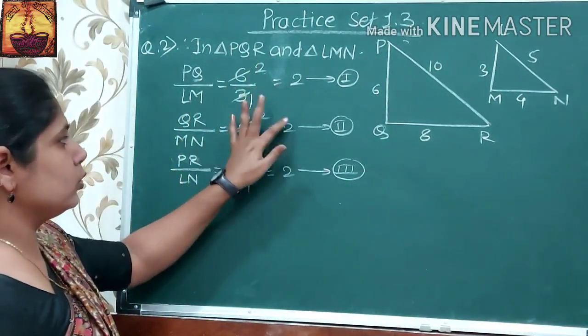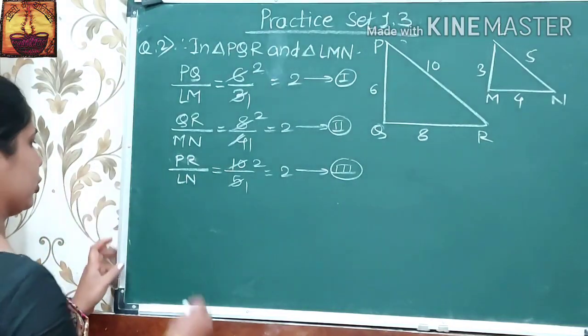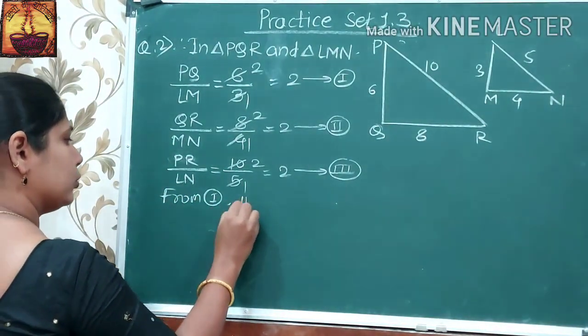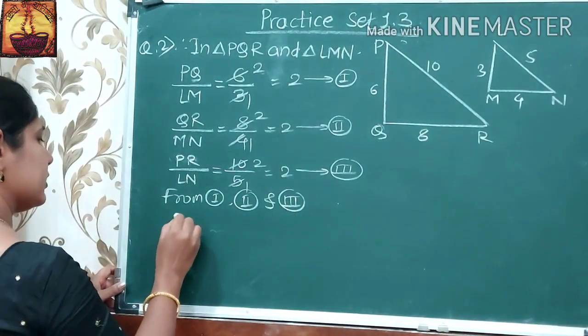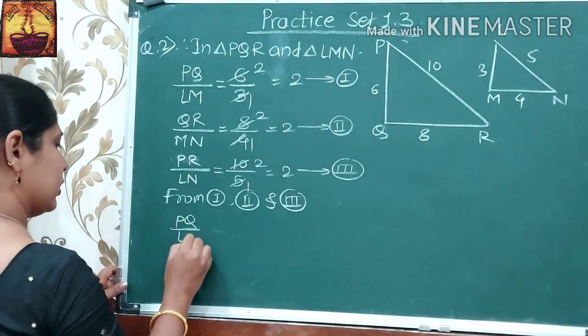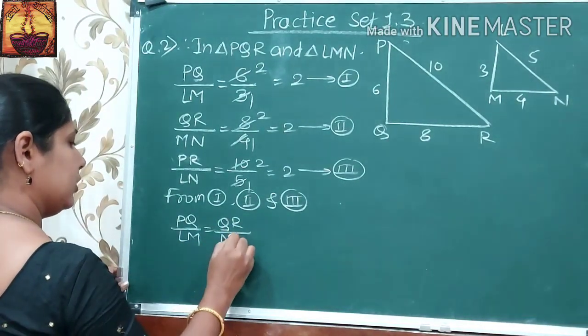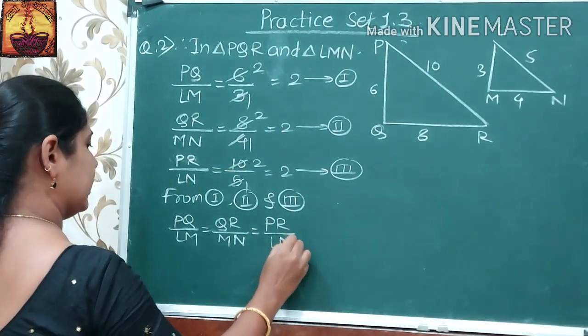Now from 1, 2 and 3 we say that the sides are in proportion. Therefore write here from 1, 2 and 3 sides are in proportion. It means PQ upon LM is equal to QR upon MN is equal to PR upon LN.